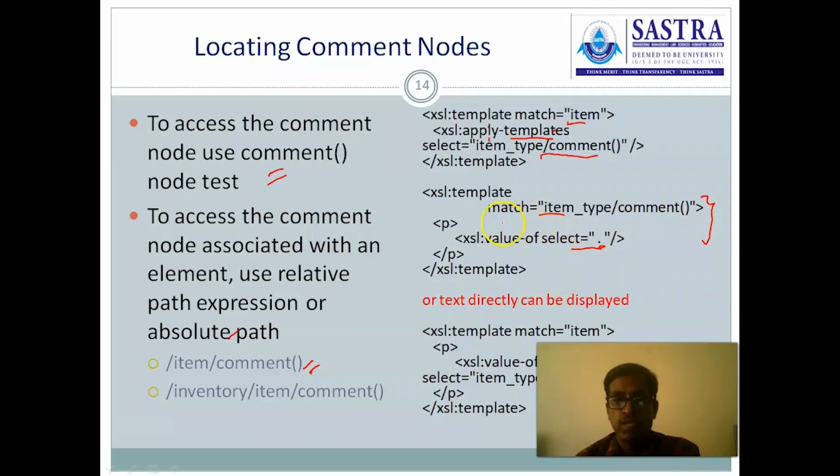Otherwise, we can directly give select equal to item type/comment. Directly we are able to give this. If we give it like this, this is an absolute path, not a relative path.